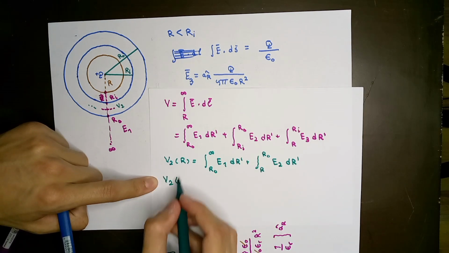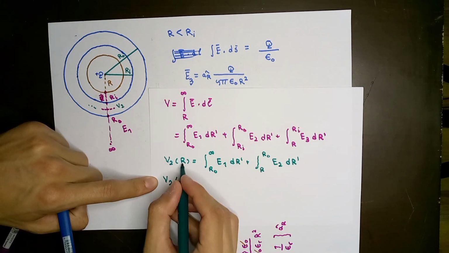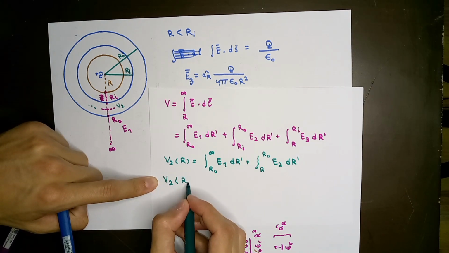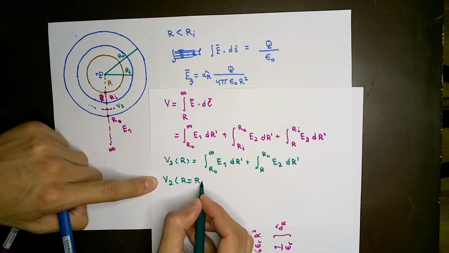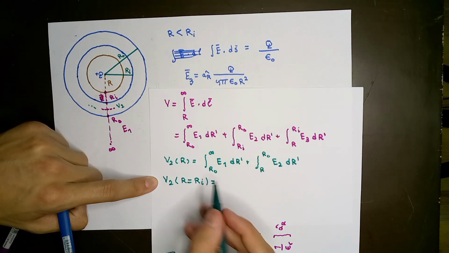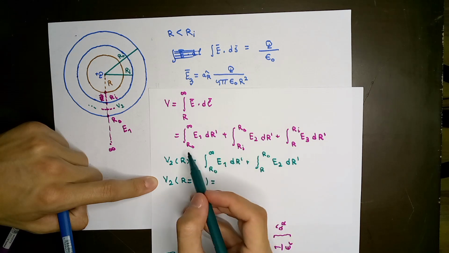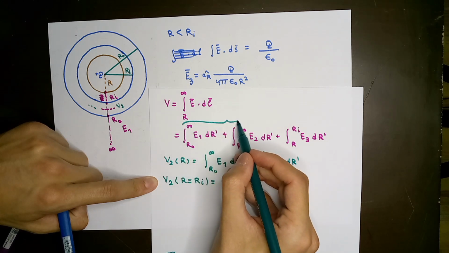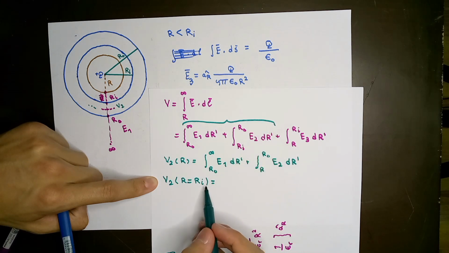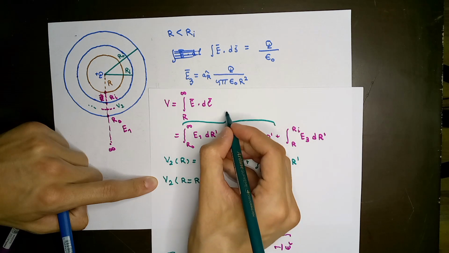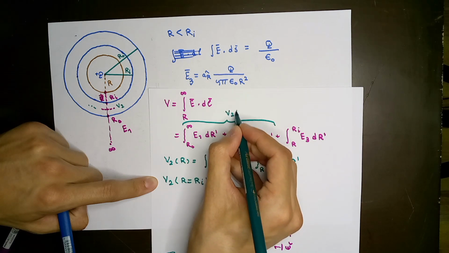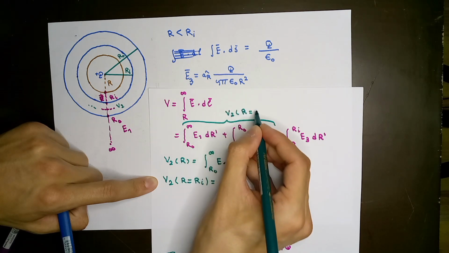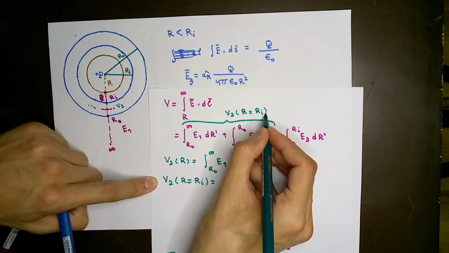Notice that if we assign r sub i for r in this equation, we will end up with this part of the summation, by substituting r by r sub i. So this is equal to V2 when r is equal to r sub i.